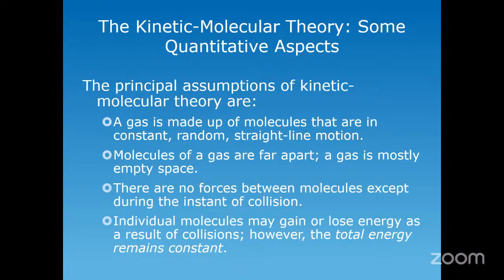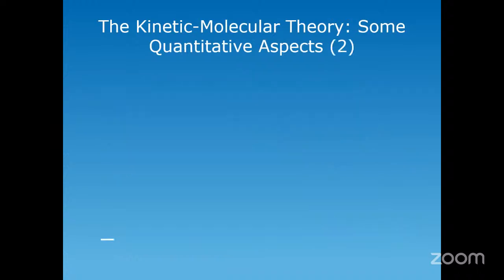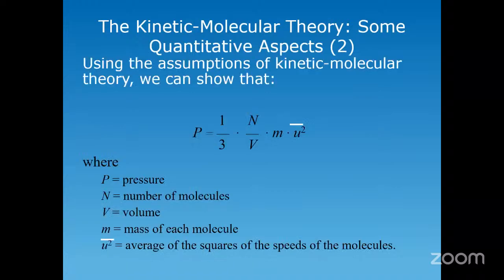I think the term used in physics for this type of collision, where energy is transferred from one molecule to another but the total net change of energy is zero, is that the collisions are elastic. In other words, you have the direct transfer of energy from one particle to another upon collision, all right? Okay, so those are the principal assumptions of the kinetic molecular theory.